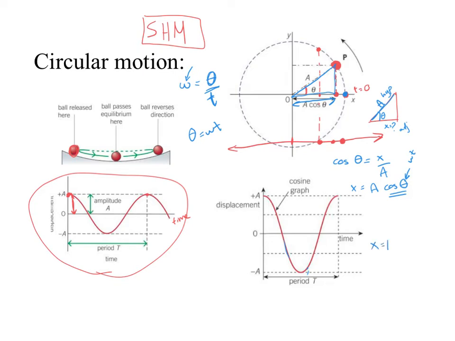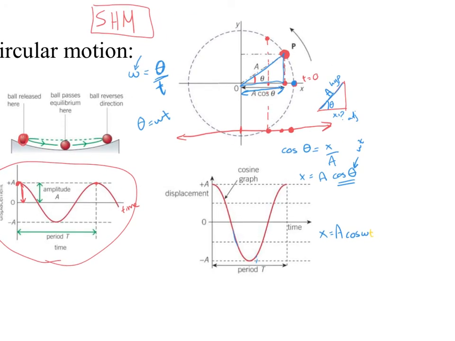So x is equal to a cos omega t. So we just linked the displacement at any single point to the amplitude, to the wave function, and omega, the angular frequency, and time.